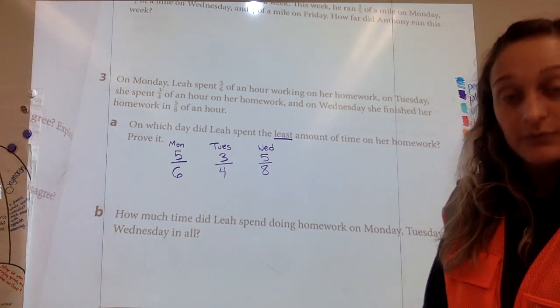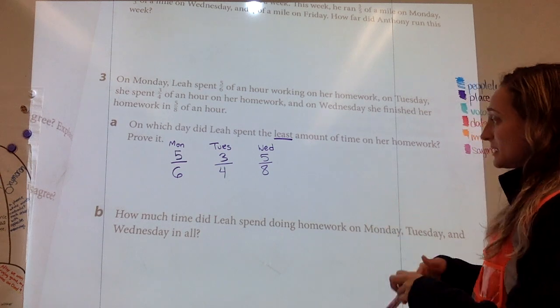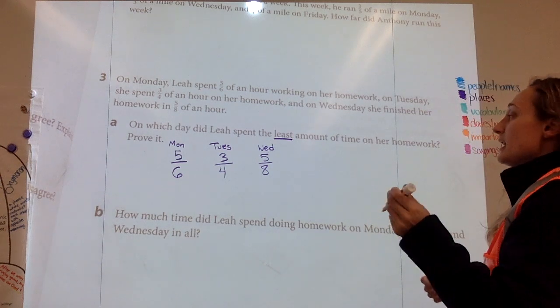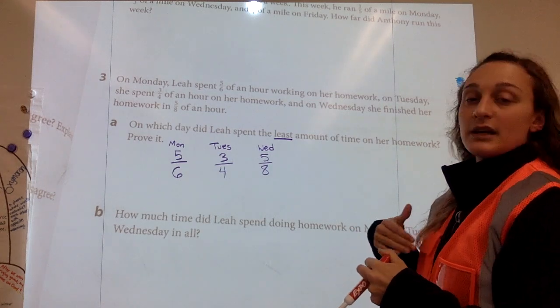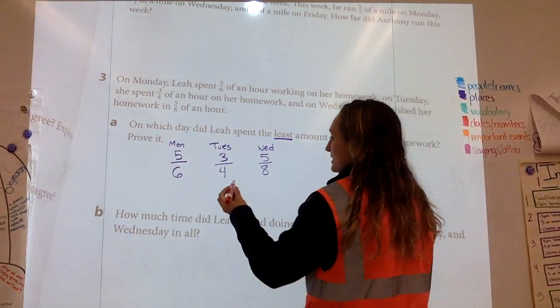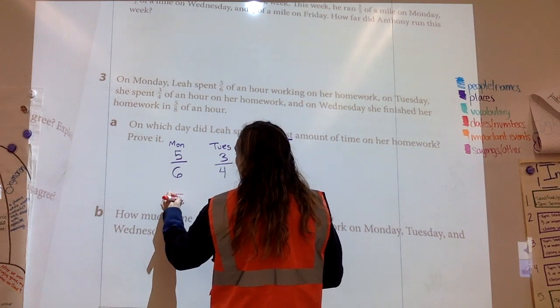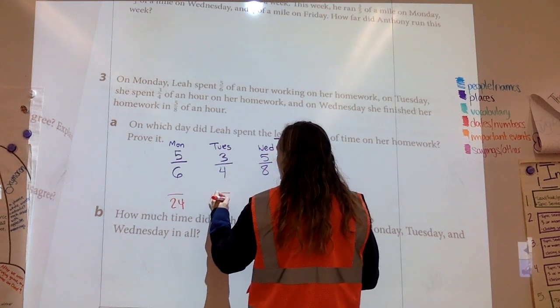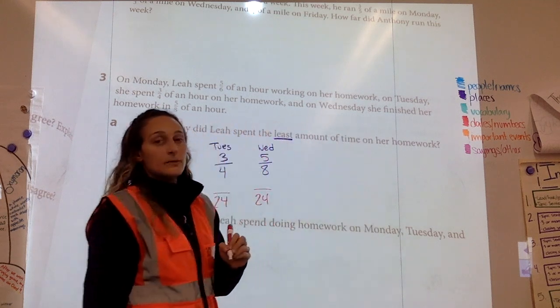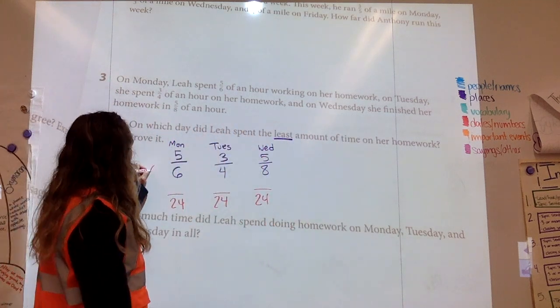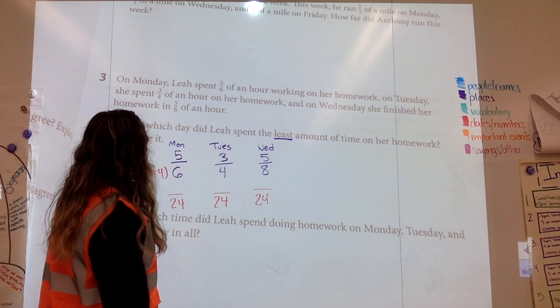So what we're going to need to do is find a common denominator. In my head, I know all of these numbers can be multiplied into 24. So for example, if I were to rewrite these fractions, I would have a common denominator of 24 because 6 times 4 is 24.